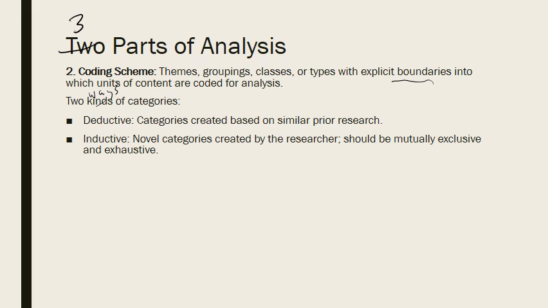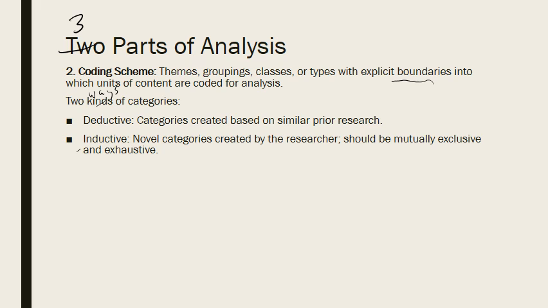Those are pre-existing categories that they're bringing into the study without having looked at any data. So they're going to try to fit all of the tweets that they're looking at into one of those categories that they've pre-established ahead of time. Now notice, a libertarian tweet would have a hard time fitting, or an anarchist tweet would have a hard time fitting if the choices are liberal, conservative, or neutral.